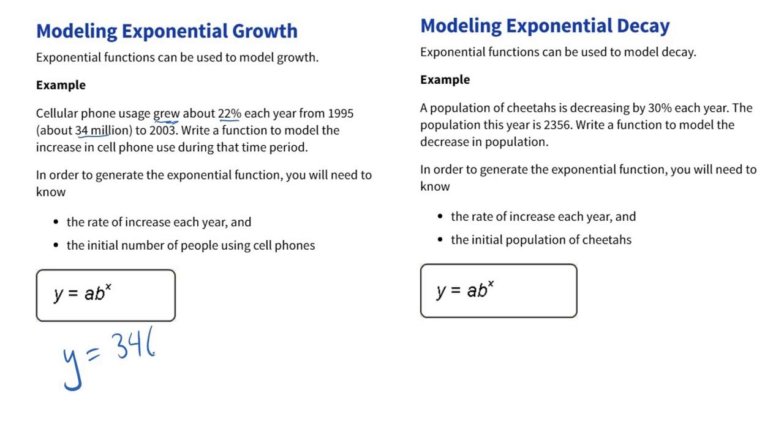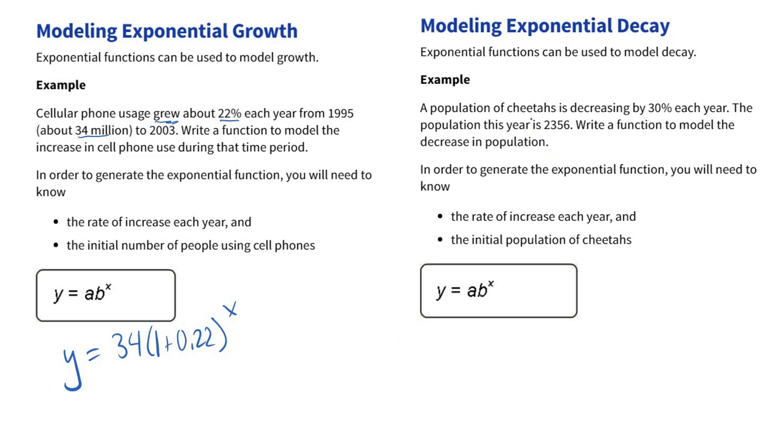What is my rate of growth? Well, it's going up 22% a year, so 1 plus 0.22 to the x. And of course that's just 1.22 if you put them together. Now we could plug in different times and get a value if they asked us anything.